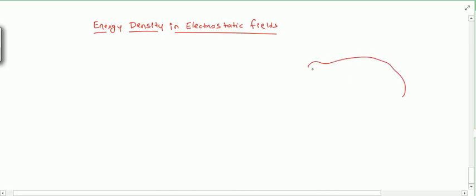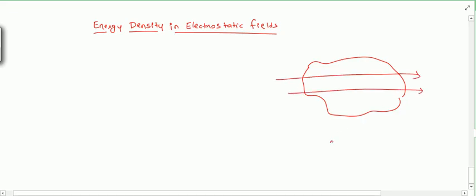Suppose in this region some electric field lines are present and I am moving a charge from infinity in this field. The external source will do the work to move this charge from infinity to a certain point in this electric field.